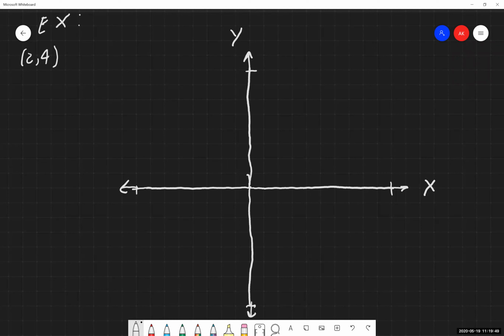Define the positive and negative directions on each of those sets of axes. So, okay, I'm just going to put, for the horizontal, there's the positive direction, there's the negative direction. For the y-axis, or vertical axis that we have here, there's the positive direction, and there's the negative direction.